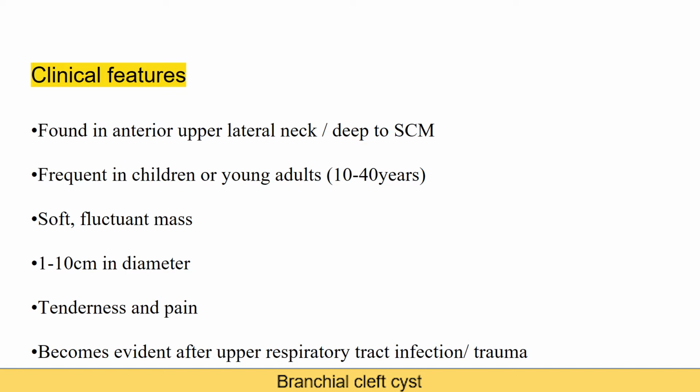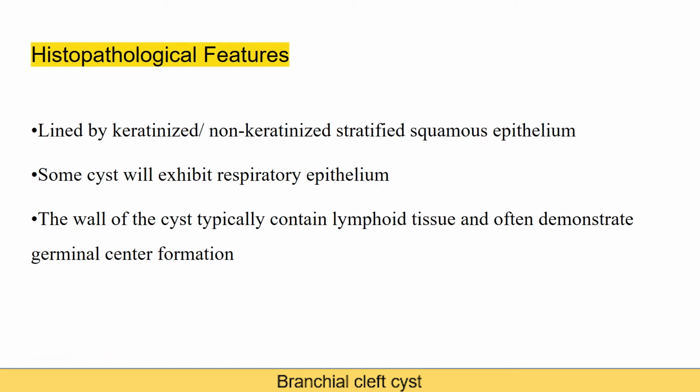Associated tenderness or pain sometimes may occur with secondary infection. Occasionally, the lesion becomes more evident after an upper respiratory tract infection or trauma. Now, let us see the histopathological features of branchial cleft cyst.